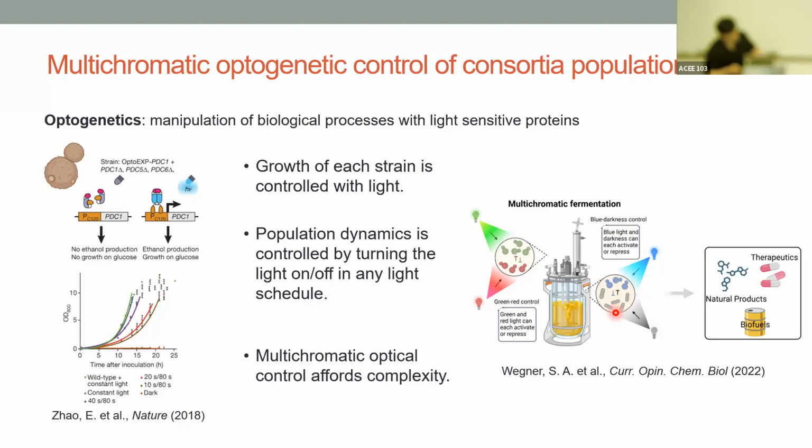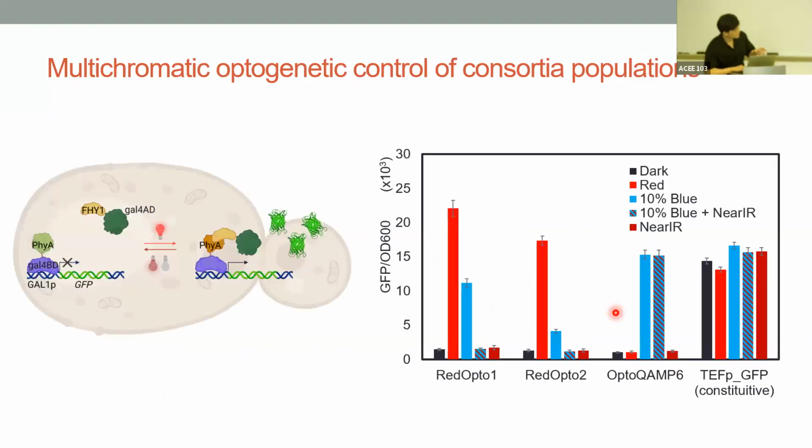Now, I'm not going to delve too much into this, but we do have a way to control baker's yeast with red light. So this is just harnessing a split transcription factor fused to a red light switchable optogenetic tool. So we're actually able to cause red light inducible gene expression with some of the tools we have in hand.